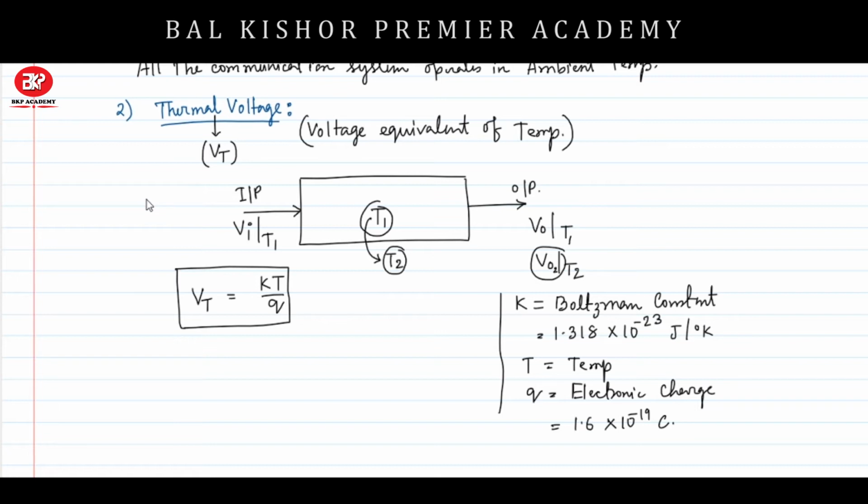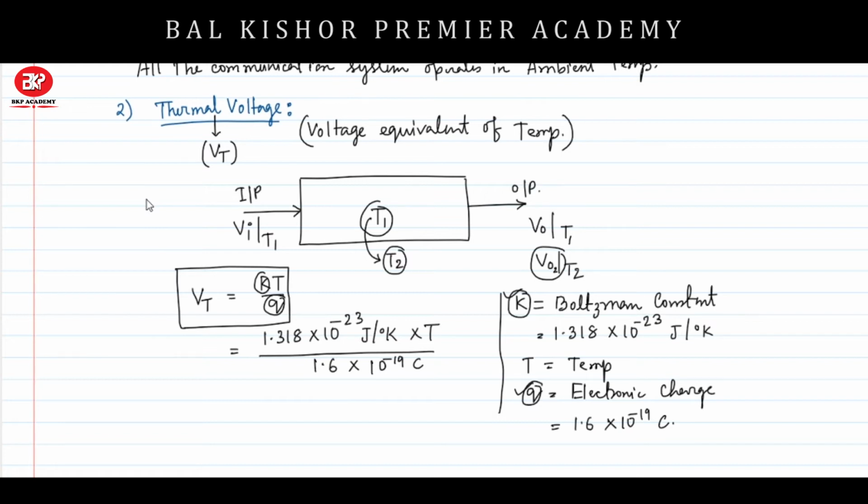Now, because q and k are constants, if I substitute their values, it will turn out to be 1.318 into 10 to the power minus 23 joule per degree Kelvin into T divided by 1.6 into 10 to the power minus 19 coulomb.